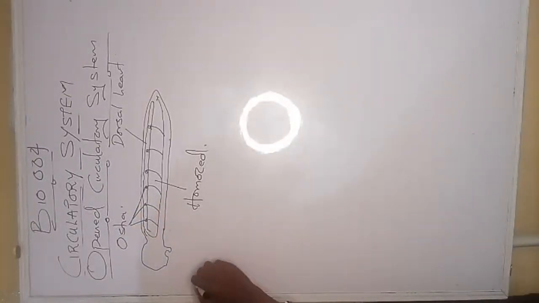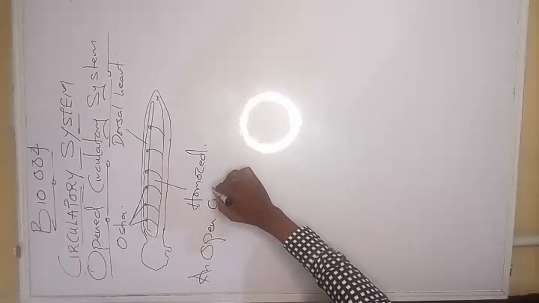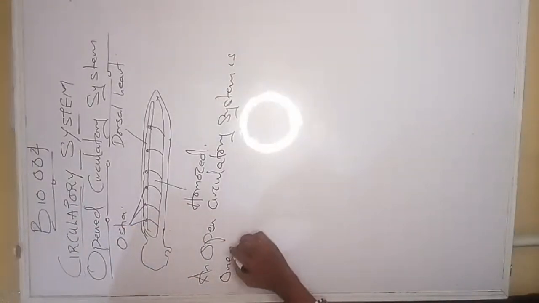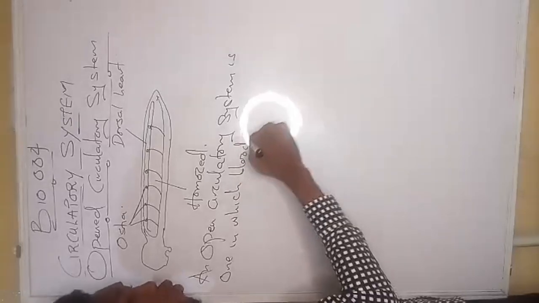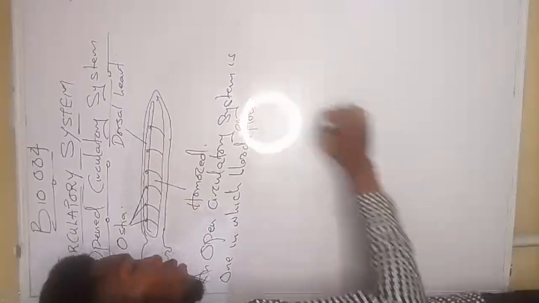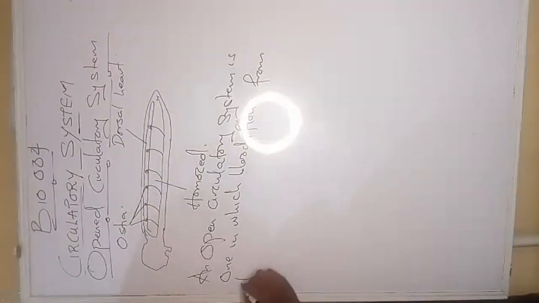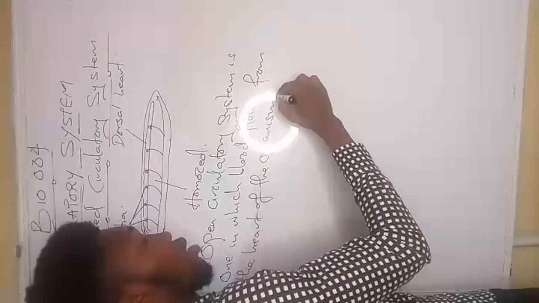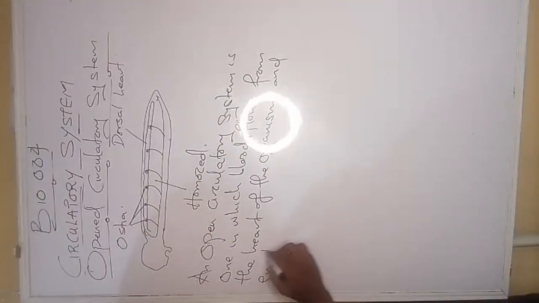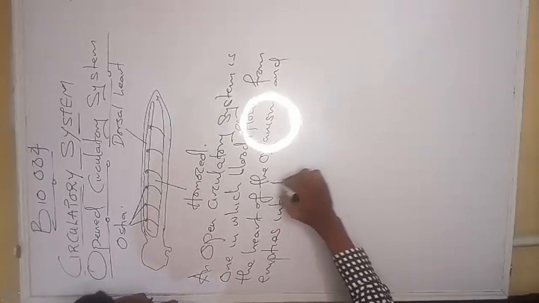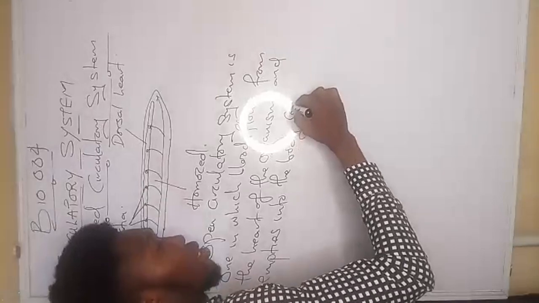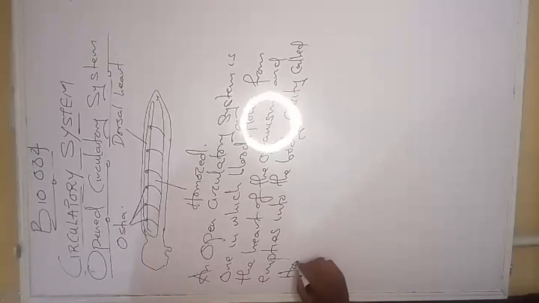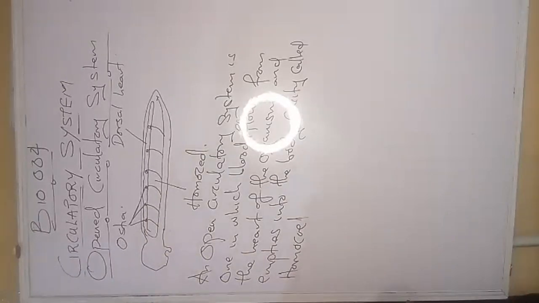So let's write. An open circulatory system is one in which blood flows from the heart of the organism and empties into the body cavity called the hemocoel.